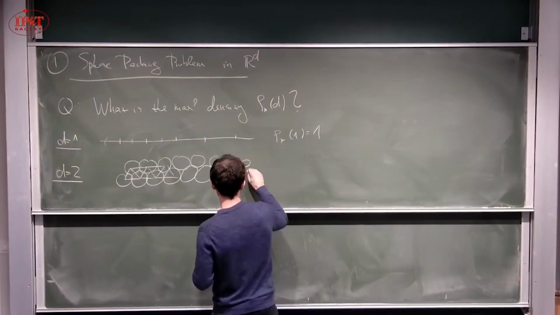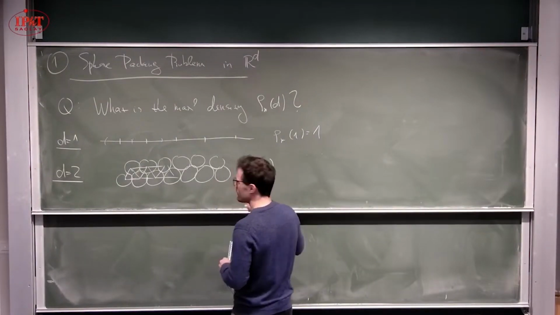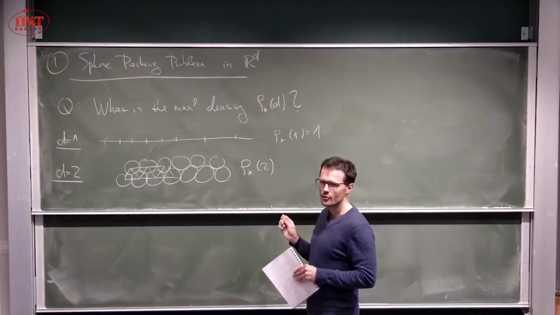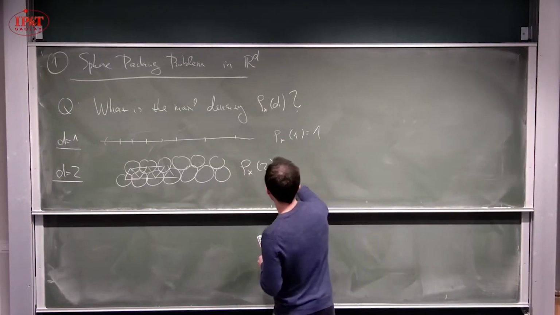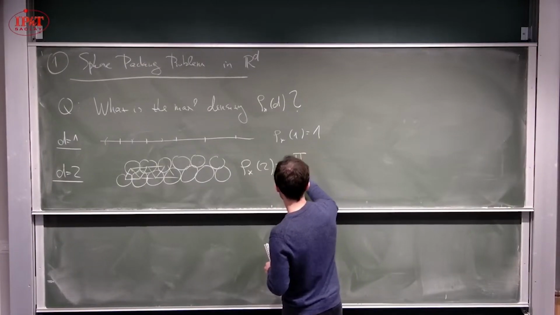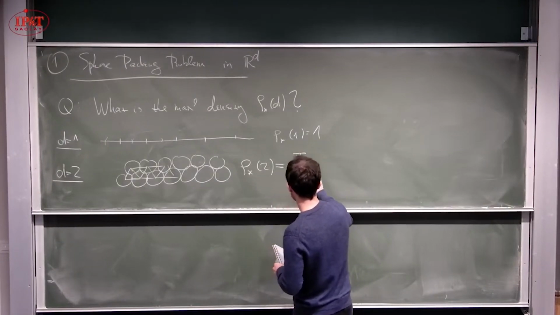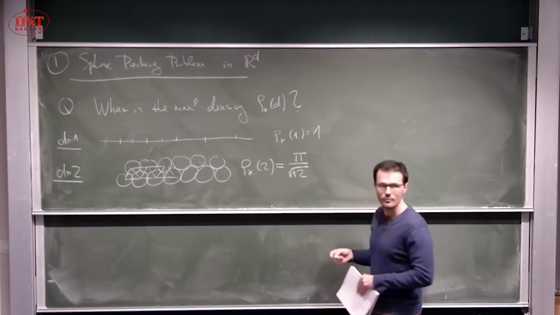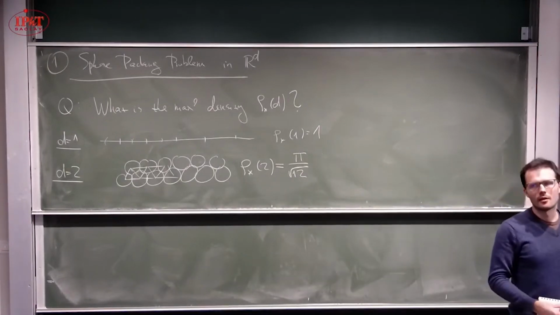You can check for yourself that the density is pi over square root of 12. This is optimal.